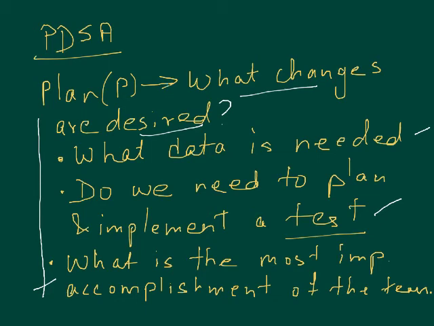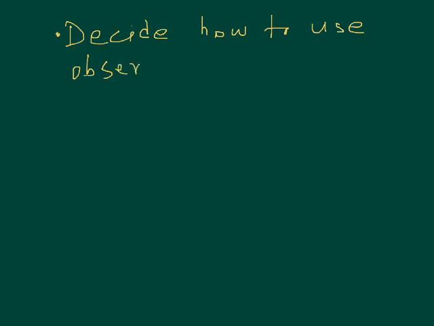And also, I missed one. The last one is you decide how to use observations. So all these come under plan.